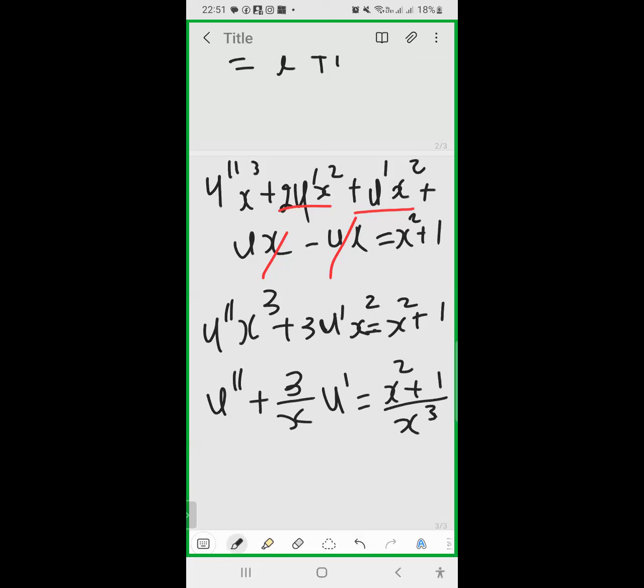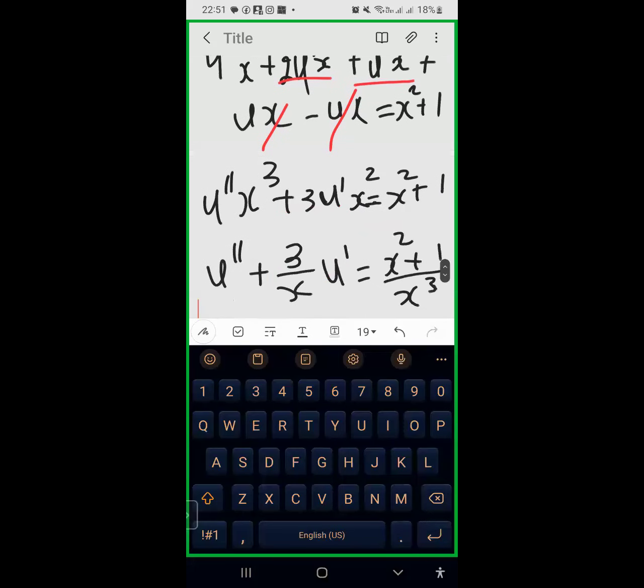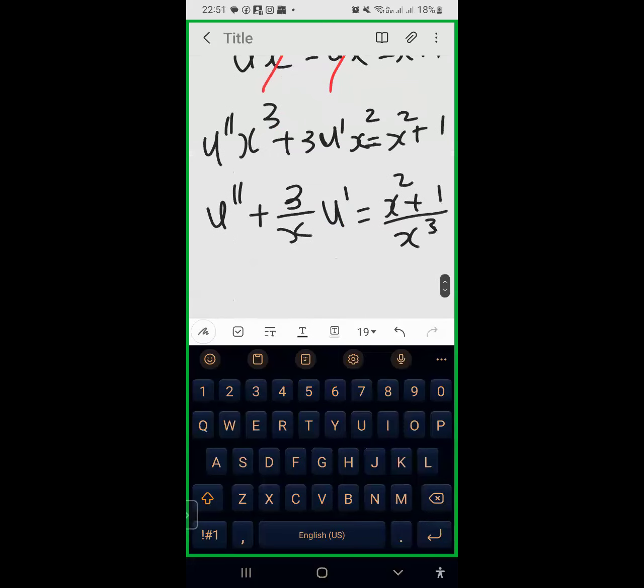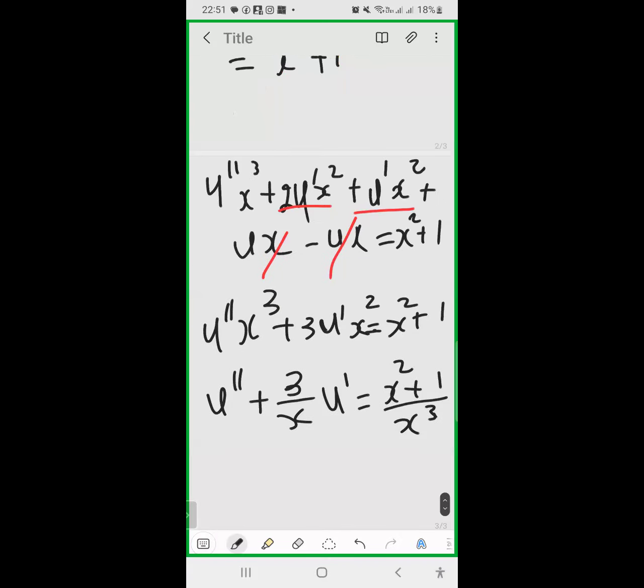And then we have a second order differential equation. Now we're going to let, you can choose any variable, I choose z, and I let it be equal to u prime. By doing so, I'll be able to reduce this equation to a first order differential equation.